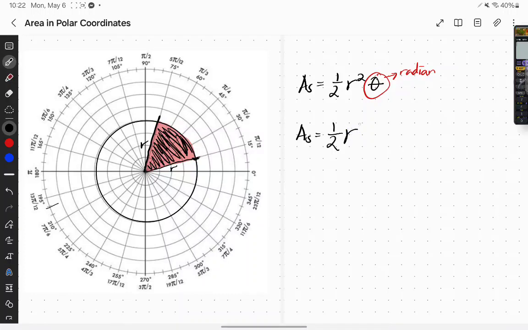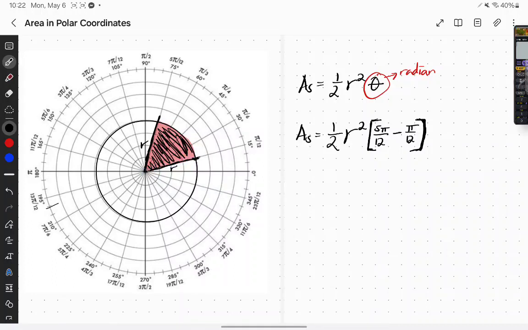So to take the area of that sector, we just have to take 1/2 times r squared. r is a constant. Then for theta, we just have to take the bigger angle minus the lower angle, so 5 pi over 12 minus pi over 12. Why? Because we are only finding the area from pi over 12 to 5 pi over 12.